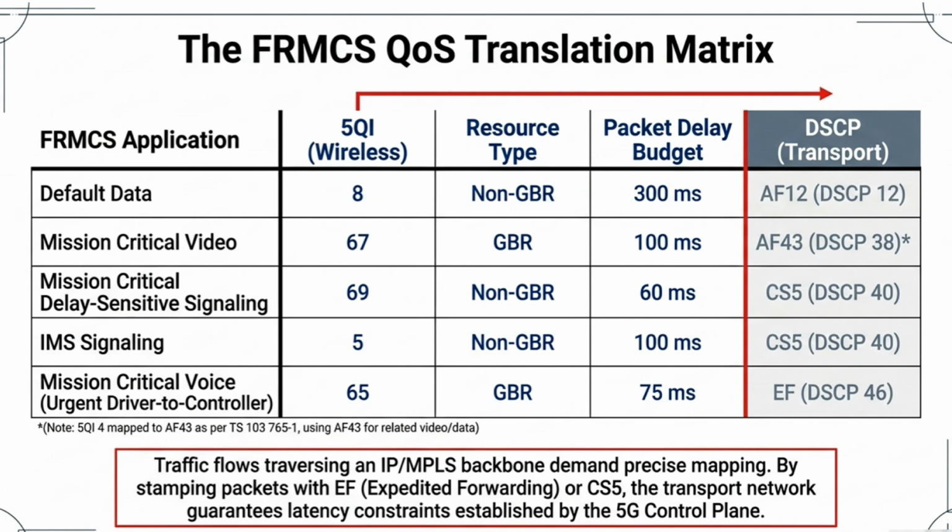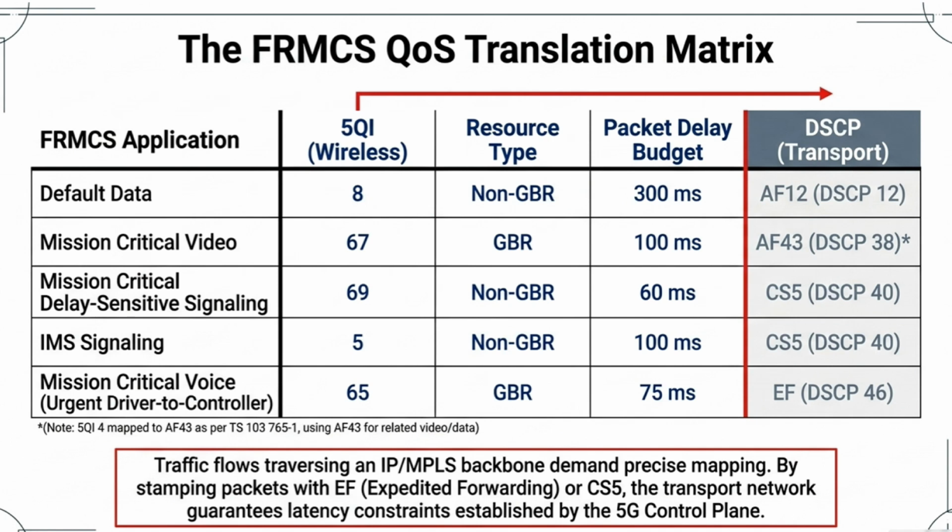For instance, standard routine data, maybe a non-urgent diagnostic log, gets assigned a default 5QI of 8. But highly critical communications, like an urgent driver-to-controller voice transmission, demand a much stricter prioritization profile to ensure zero latency and zero drops. So urgent voice gets assigned the mission-critical 5QI of 65. The network literally has to be engineered to respect these distinct application categories.